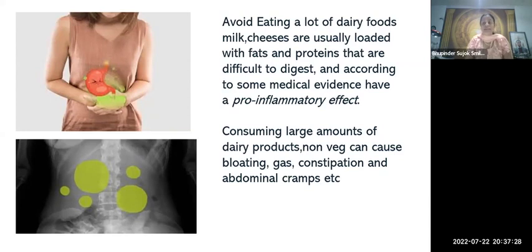These dairy foods and cheeses are usually loaded with fats and proteins that are very difficult to digest. And according to medical science, it can also create inflammation in our body. So this is very important.